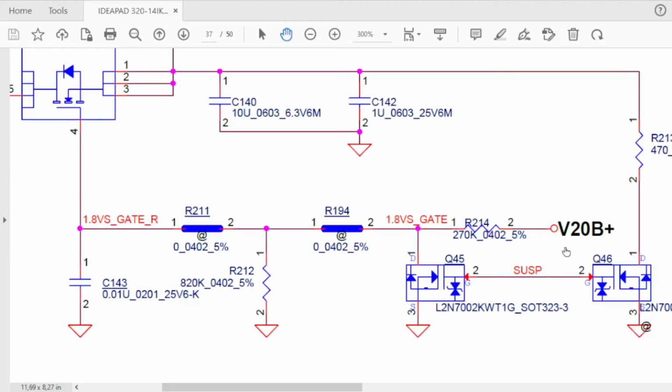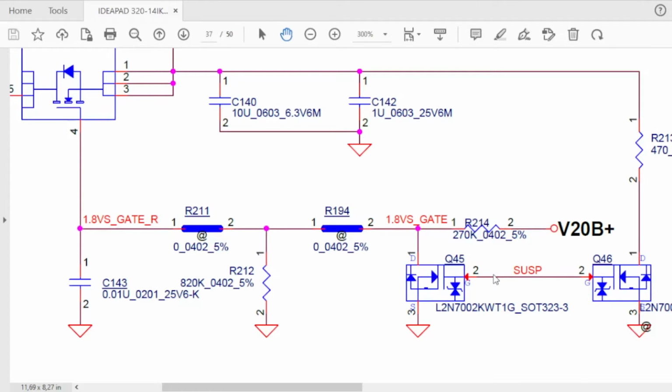This point is in the normal condition. And here is one more N-channel MOSFET, Q45. After we check the gate of this MOSFET, the gate with code SUSP, the voltage here is 4 volt before the motherboard is turned on.